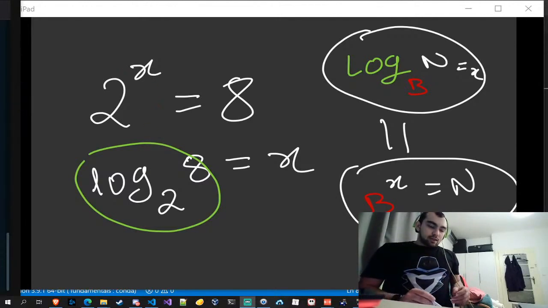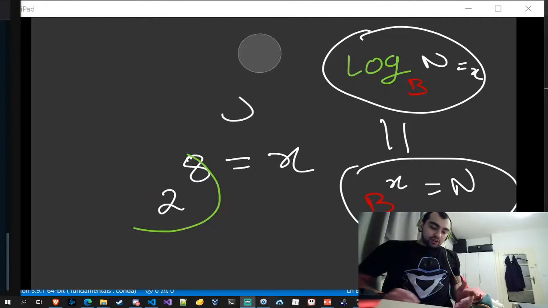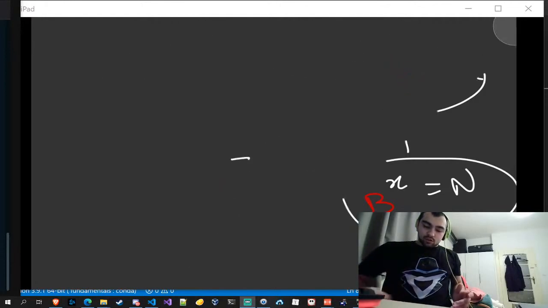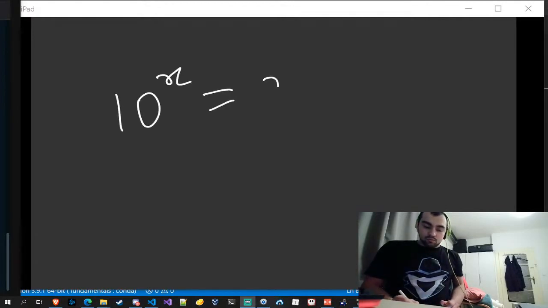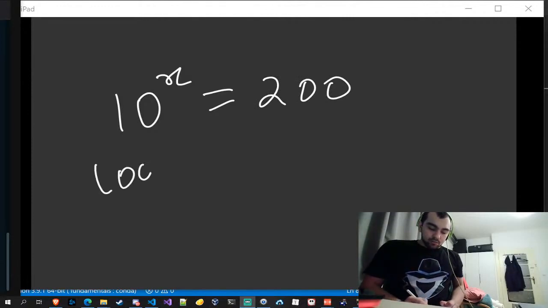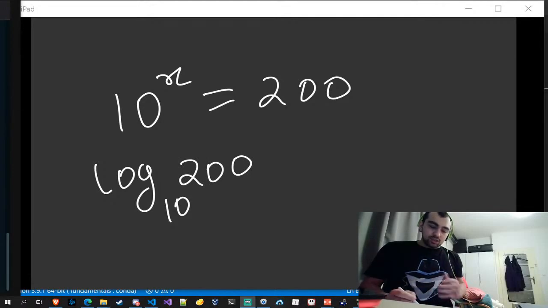So if we have, for example, and this is something I can show you in the calculator more easily, 10 to the power of something equals 200, you want to know what x is. Well, you do the logarithm base 10, so 10 to the power of x is going to be equal to 200.